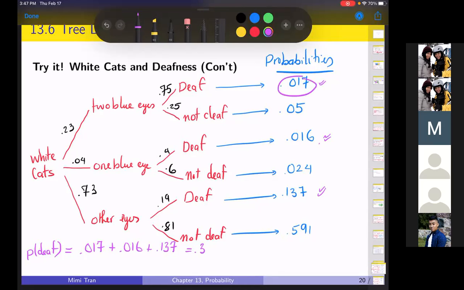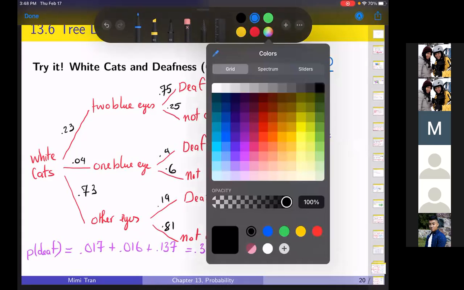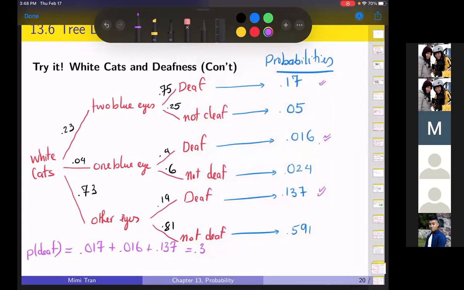Did I write it wrong? Yeah, right, it's 0.17. It's just an arithmetic mistake. All right, so 0.3 something. 0.323. Thank you. Sounds more like it.